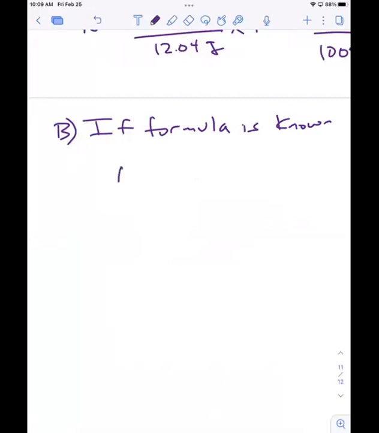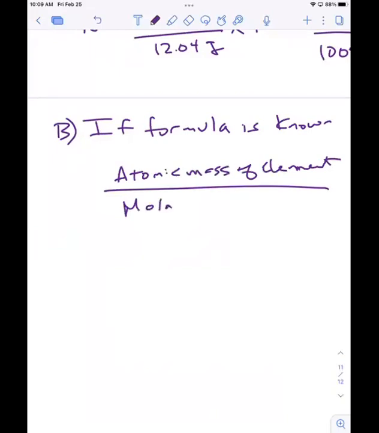So we can take the atomic mass of the element and divide that by the molar mass of the compound.